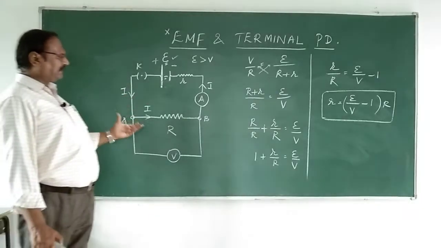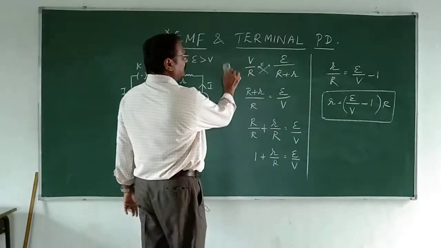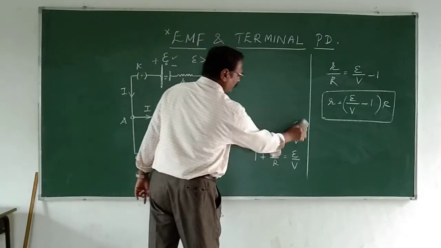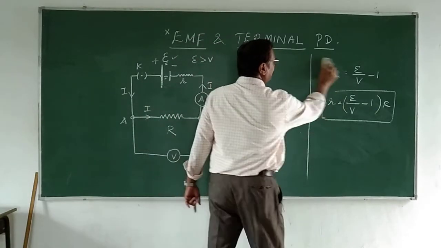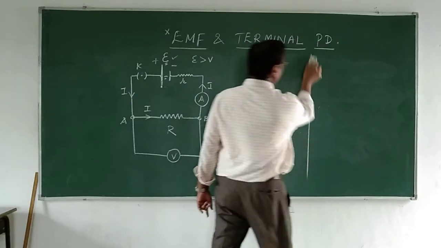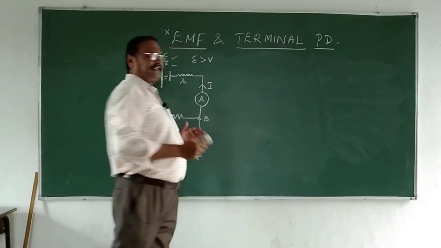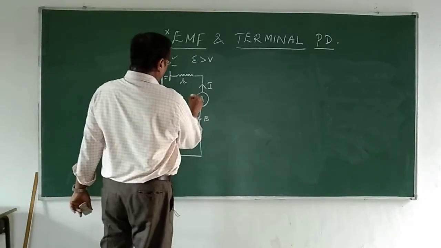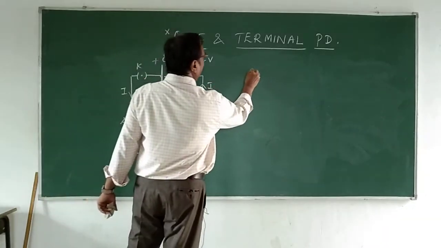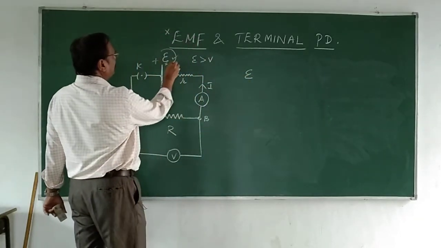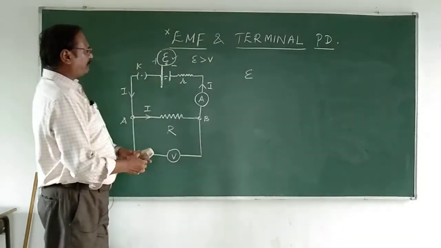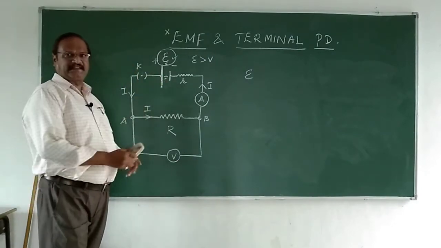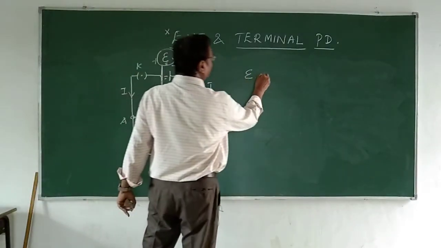Now I wanted to make it a little bit more understandable. This equation you can derive very easily by making the comparison. For your understanding, let me approach the same concept in a different way, because understanding EMF and PD is the most important thing. Now see, let us say epsilon is the total potential difference supplied, or the total energy supplied by the cell, and that is used for two purposes.